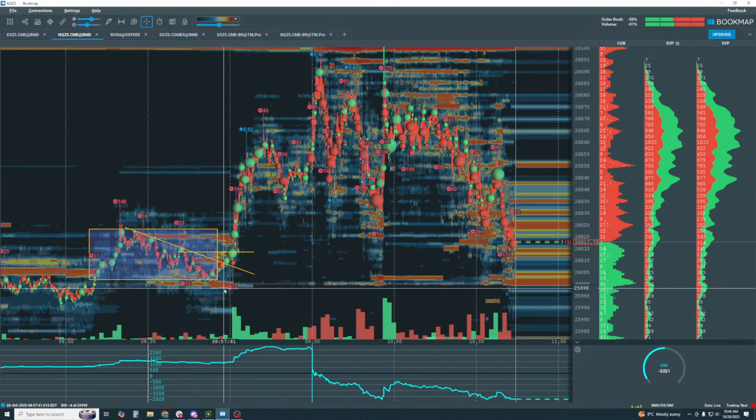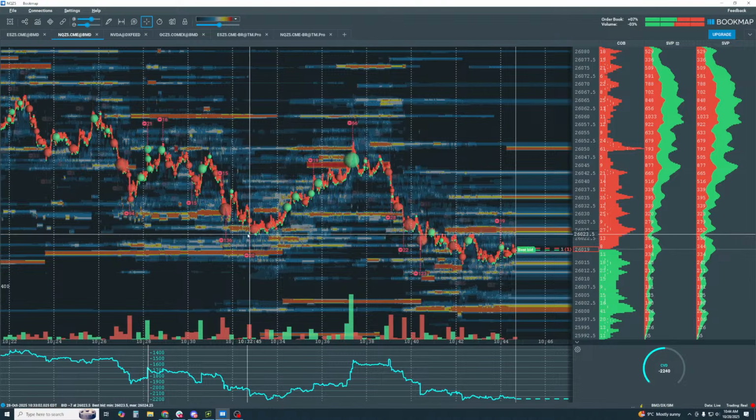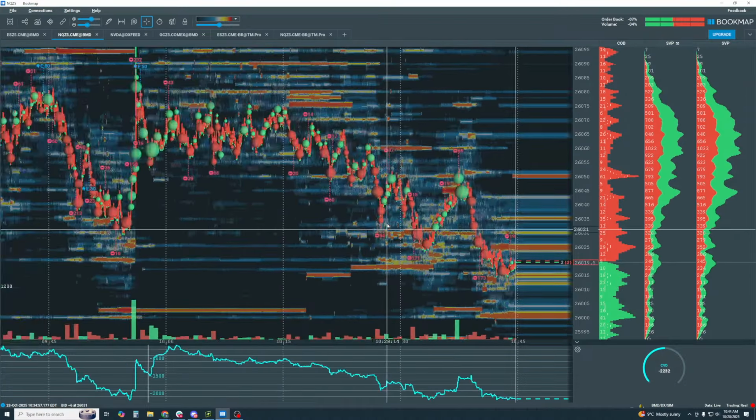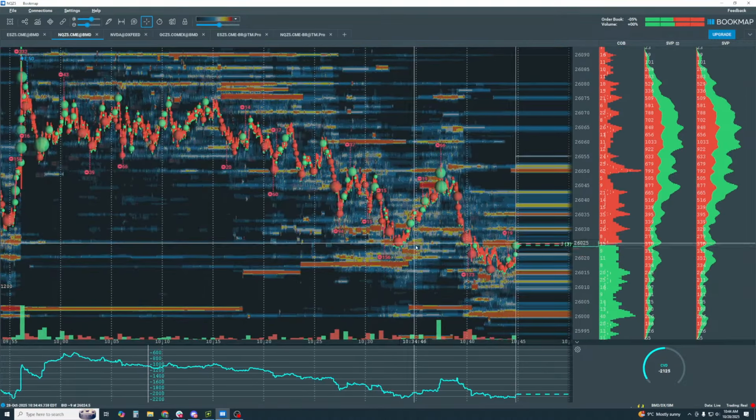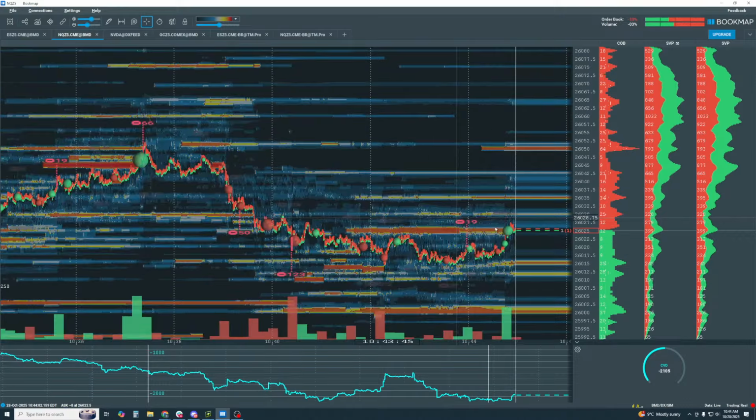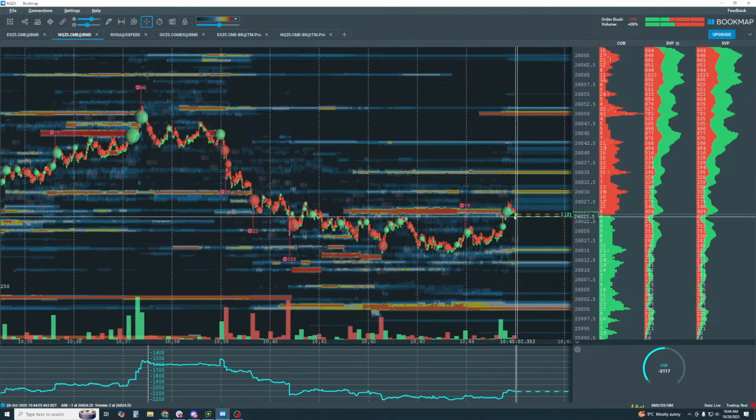Okay, so now we've broken this range here on the price action. Okay, and we're getting our retest back up here, and trading at high liquidity here.